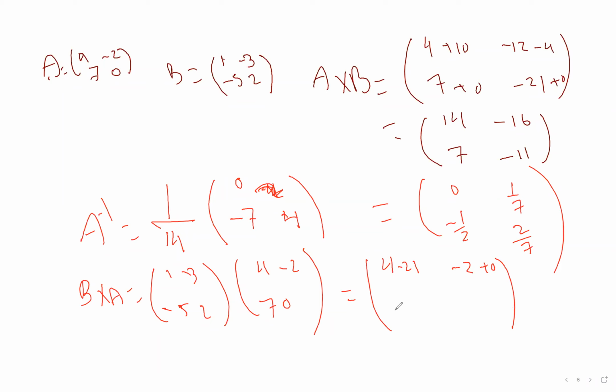Negative 5 times 4, negative 20, plus 2 times 7, 14. Negative times negative, it will be 10. 2 times 0 equals 0. Is this understood? Okay, and the result is negative 17, negative 2, negative 6, and 10. Okay?